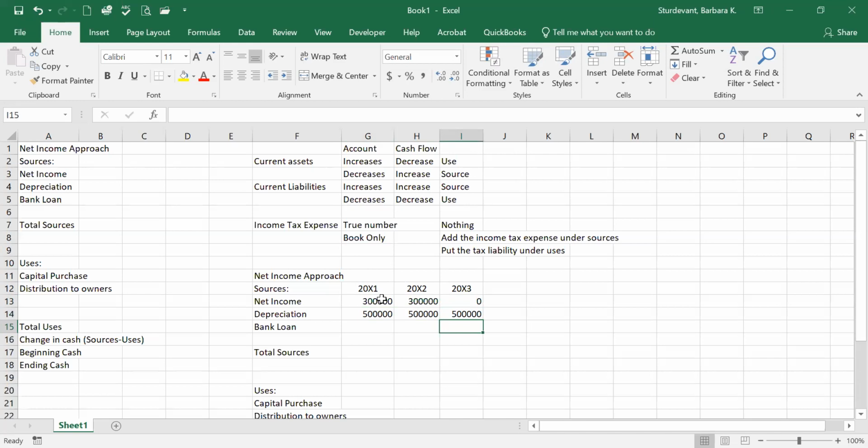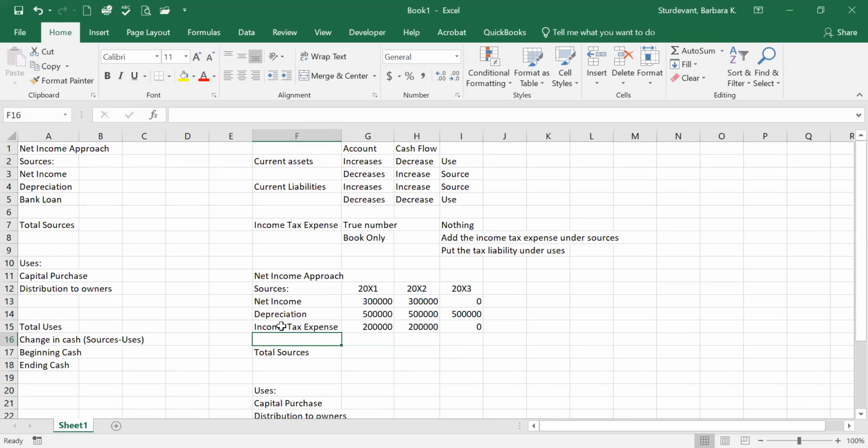Then I'm going to go look at the income tax. Since that's not a real number, I have to add it back. So all I've done is copy stuff.